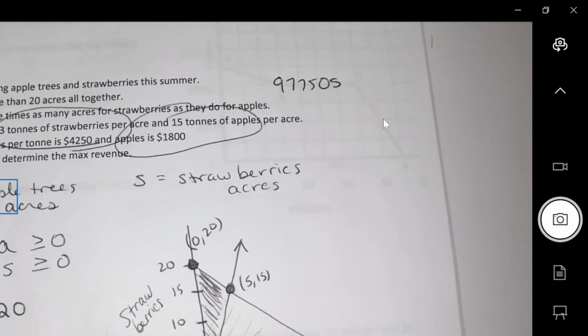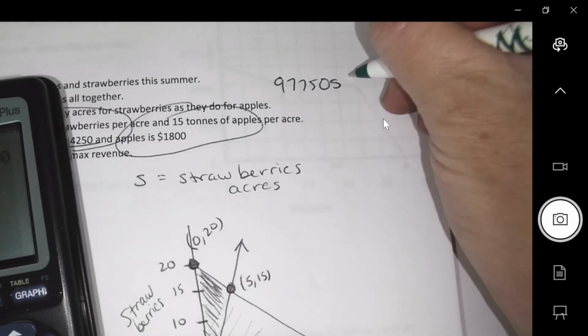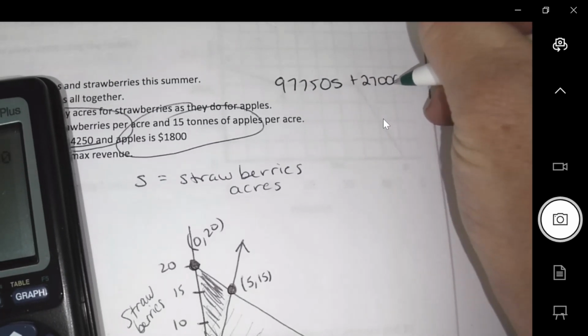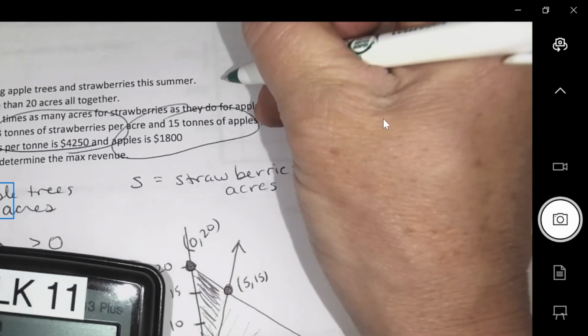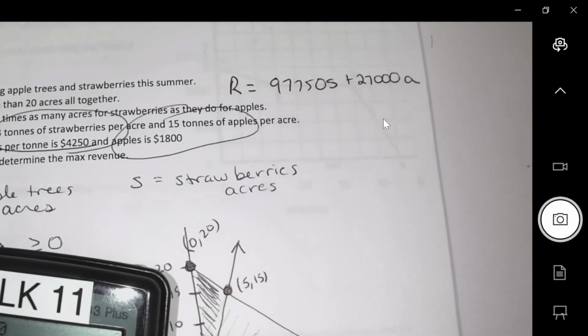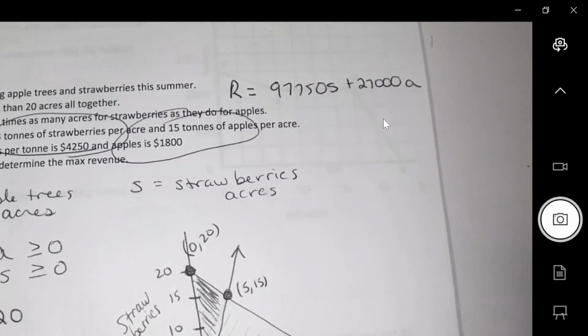And then apples, each acre produced 15 tons, and then each ton is that much money. So I'm going to times those. So $27,000 per every apple acre. That's the revenue that I make.